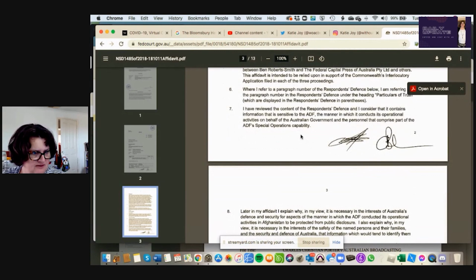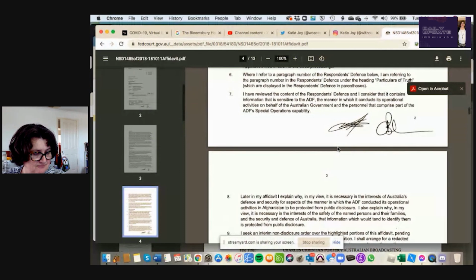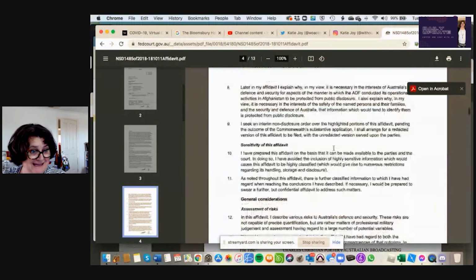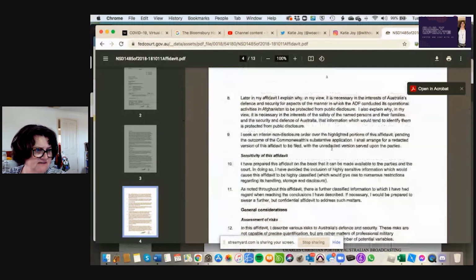I've reviewed the content of the respondent's defence and I consider it contains information that is sensitive to the ADF, the manner in which it conducts its operational activities on behalf of the Australian Government and the personnel that comprise the ADF Special Operations capability. Later in my affidavit, I explain why, in my view, it is necessary in the interests of Australia's defence and security that aspects of the manner in which the ADF conducted its operational activities in Afghanistan be protected from public disclosure.